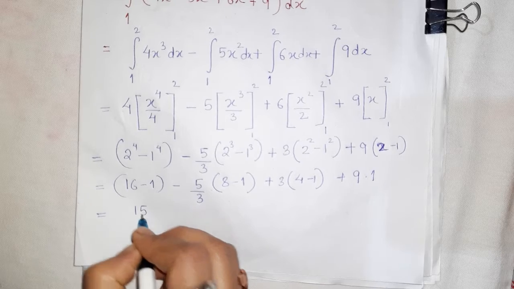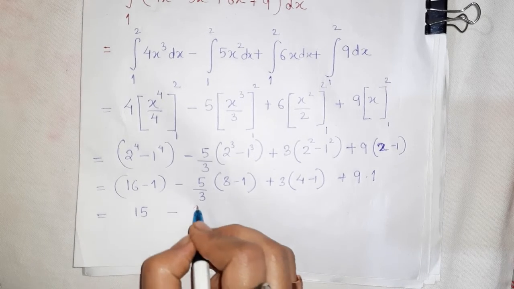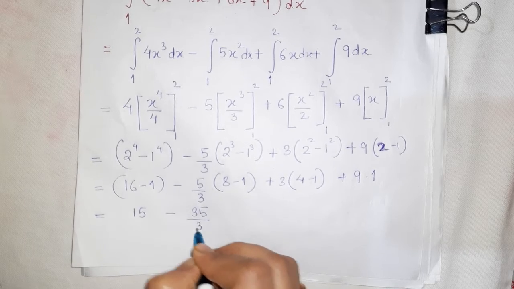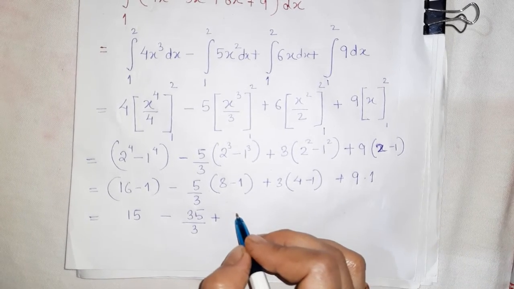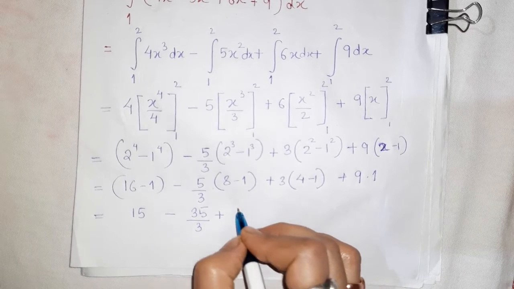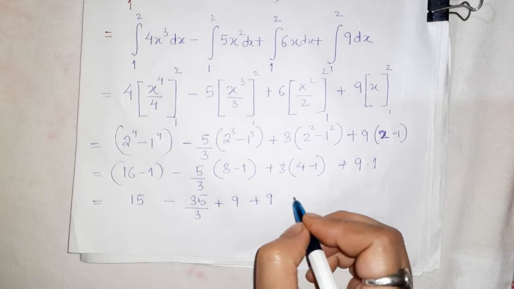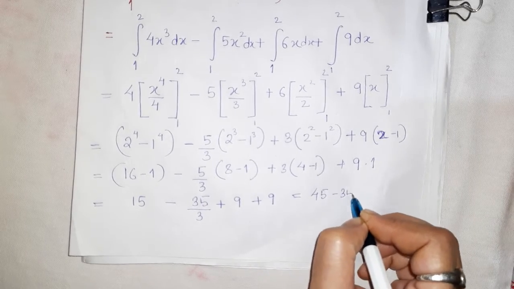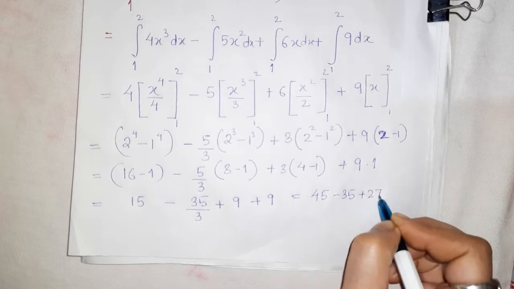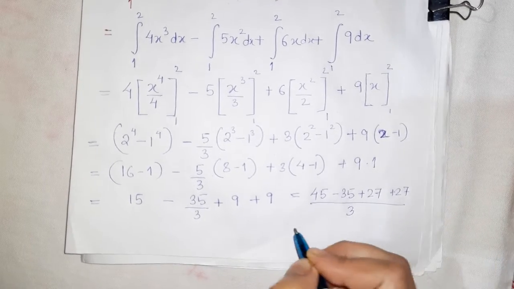So we get 15 minus 35 by 3, plus 3 into 3 is 9, plus 9.